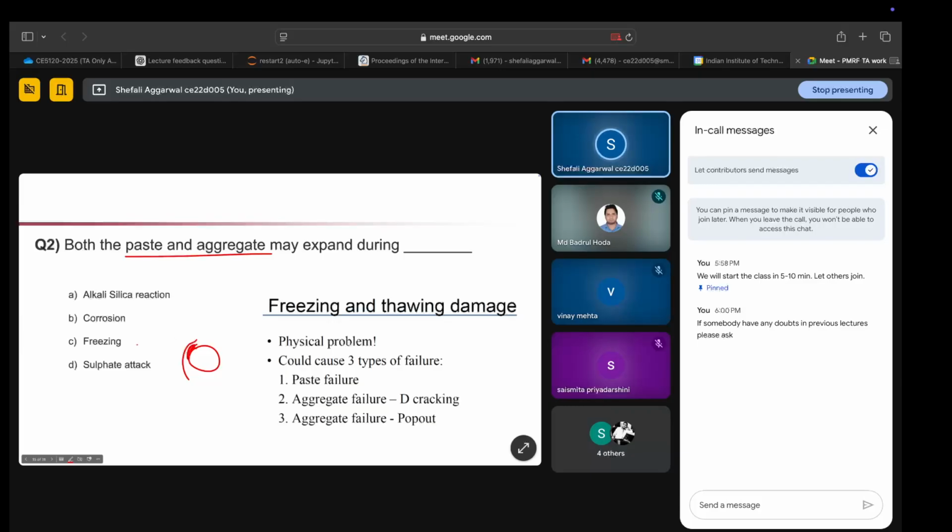So in freezing and thawing, what is happening? First, there are pores in your paste which will store water, freeze and can expand. Other thing is, in the aggregate itself you have different pores where there are chances of water being stored and freezing and causing cracks in your aggregate system. So when we are talking about both paste and aggregates, it will mainly happen in a freezing and thawing system. Okay.